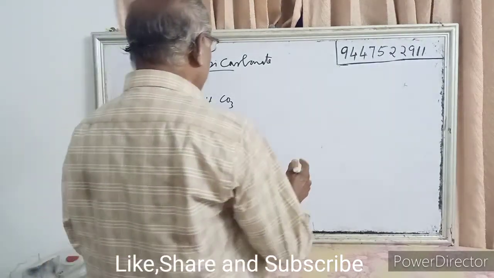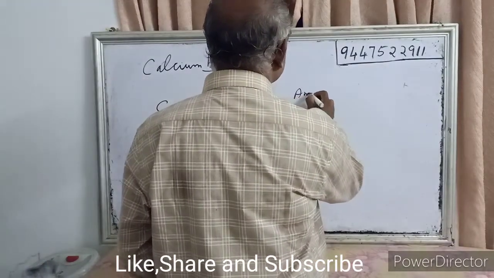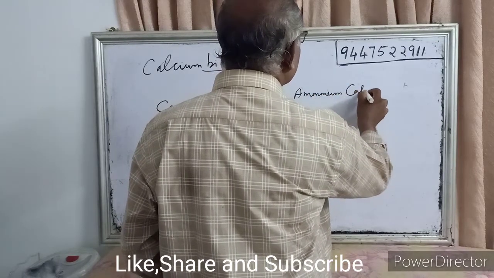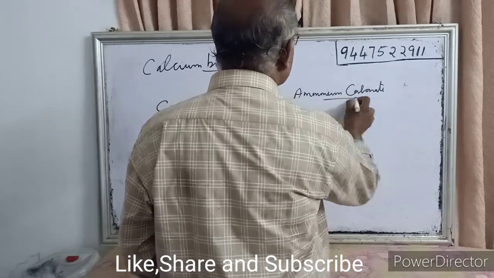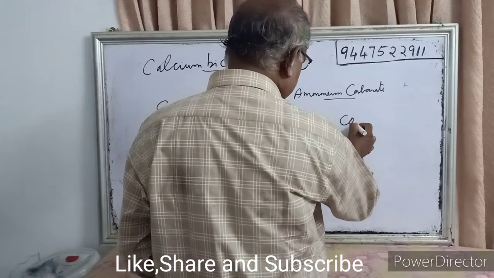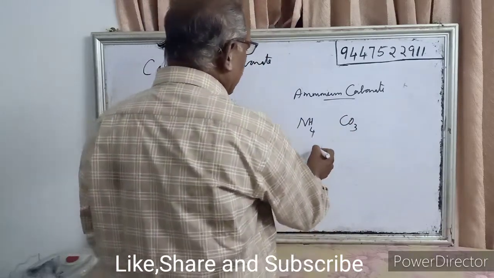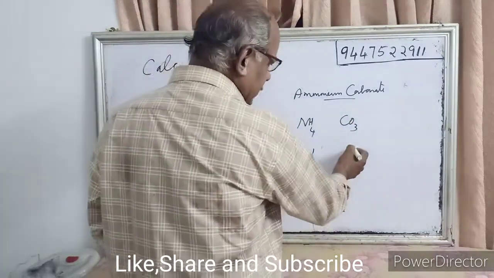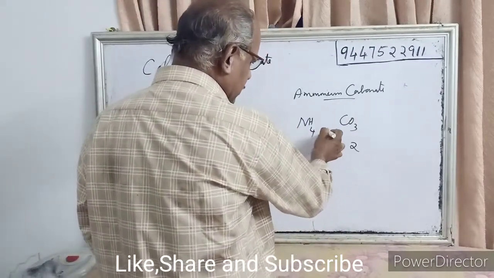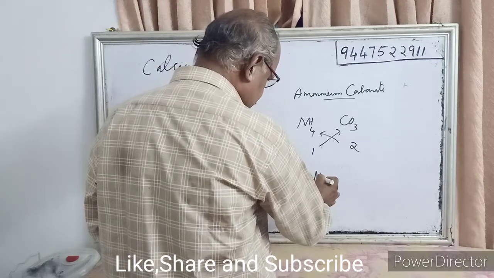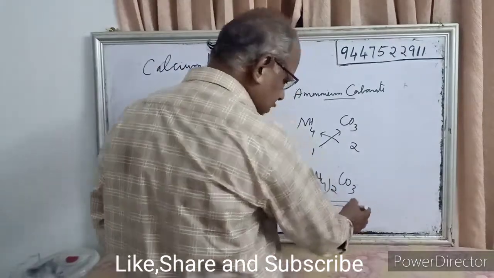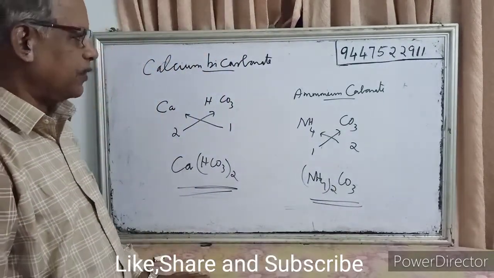Similarly, what is ammonium carbonate? NH4 for ammonium and CO3 for carbonate. Valency for ammonium is 1, carbonate valency is 2. Then you cross it, so this becomes (NH4)2CO3. That is the formula for ammonium carbonate.